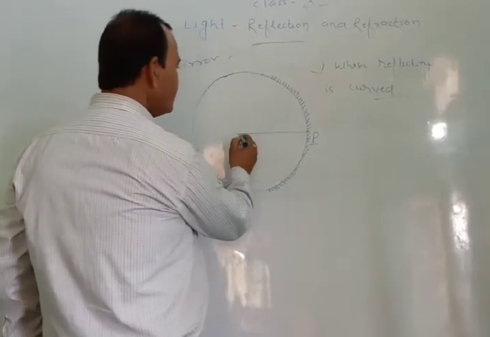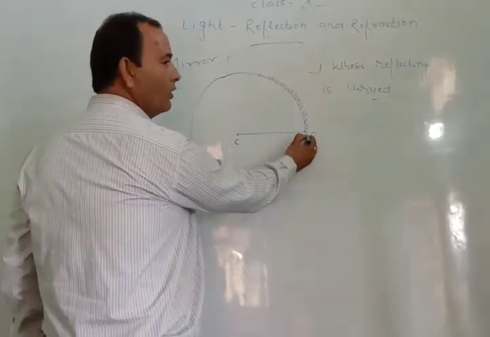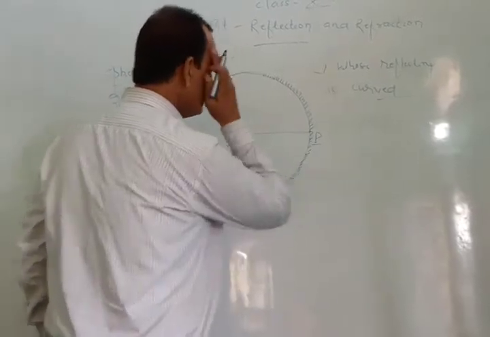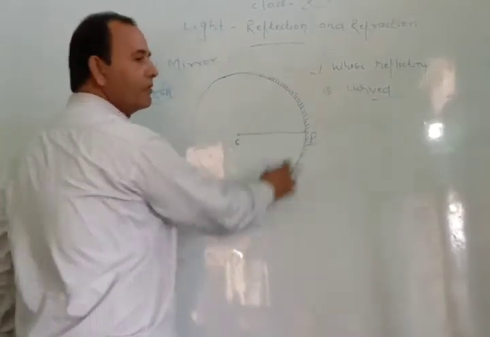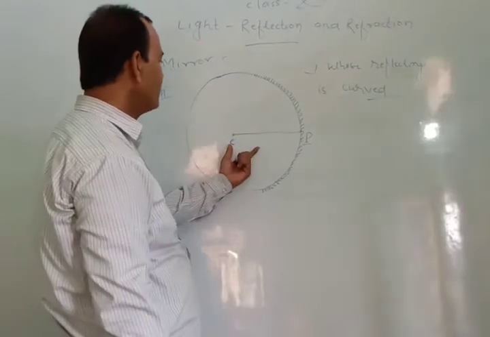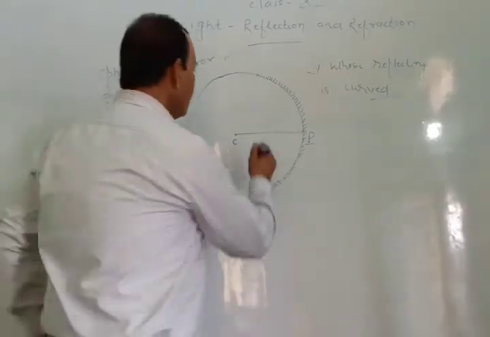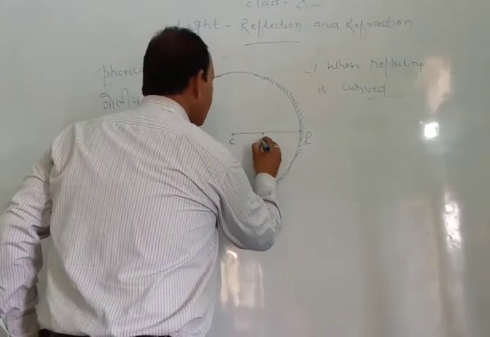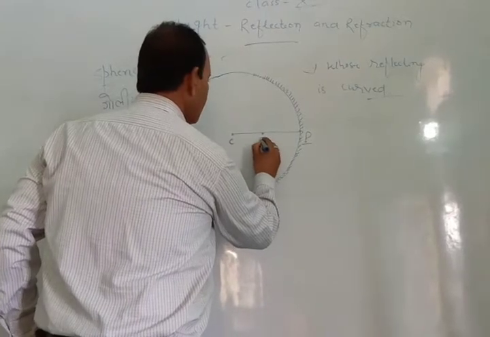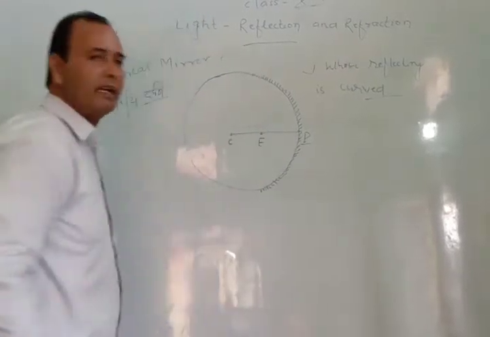Between the center of curvature and the pole, the focus is placed, denoted by capital F.